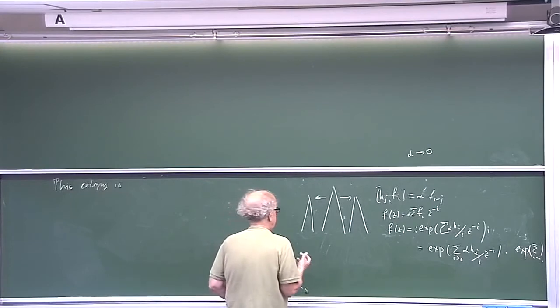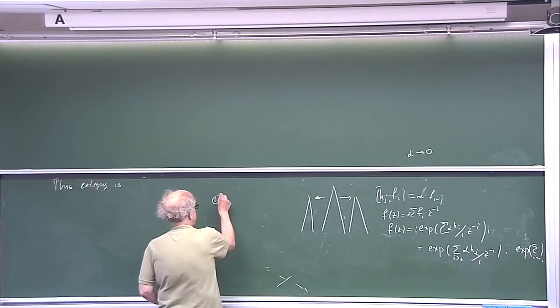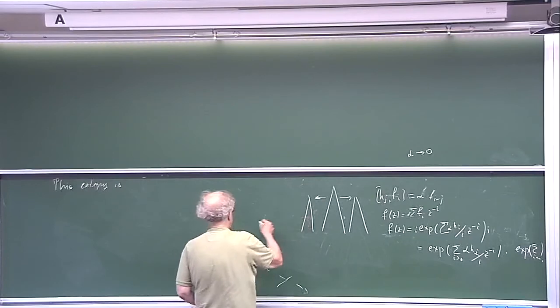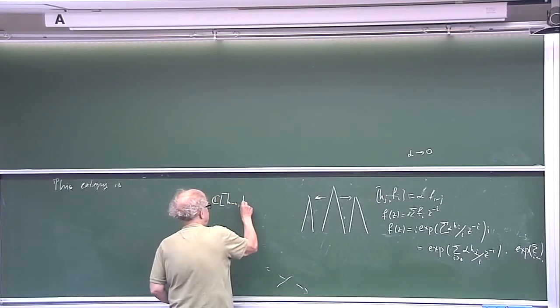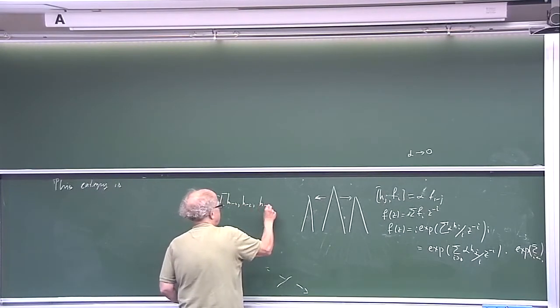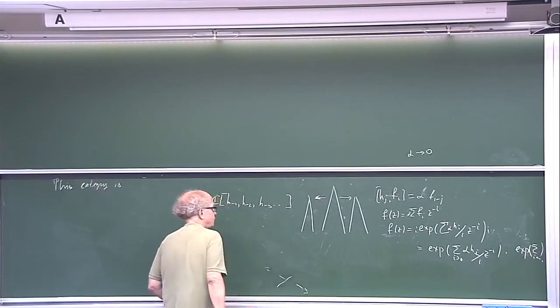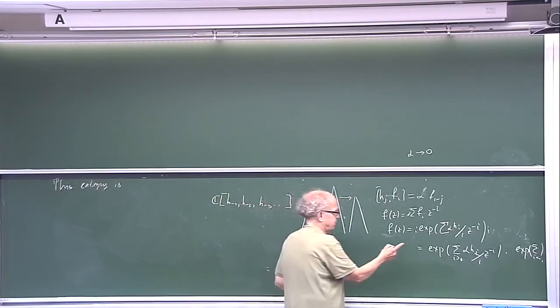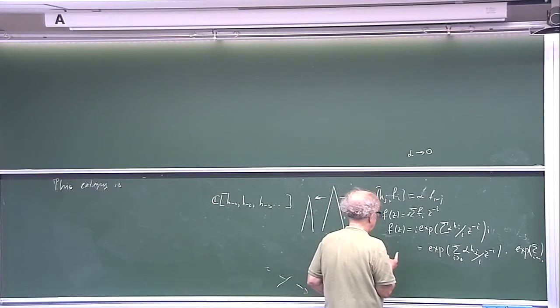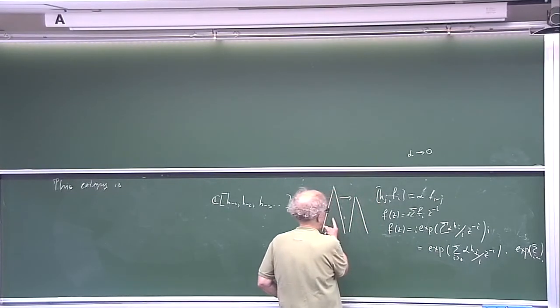Fock space is the polynomial in creation operators in h minus 1, h minus 2, h minus 3, and so on. Then you take these screening operators, which act from this to this.